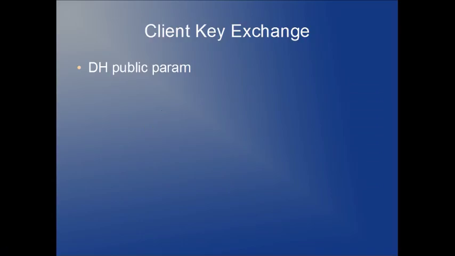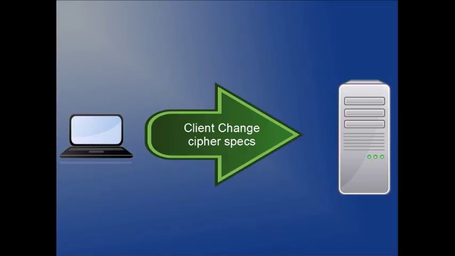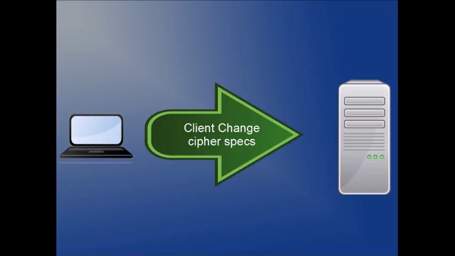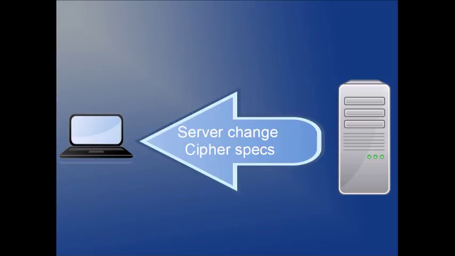Then the client's going to send over its Diffie-Hellman parameter, at which point both sides are going to generate their symmetric key. It should be the same symmetric key on both sides. The client will send a message to the server. The server will decrypt it, re-encrypt it, and send it back. And at that point, traffic can exist between the client and the server, which we know to be secure.